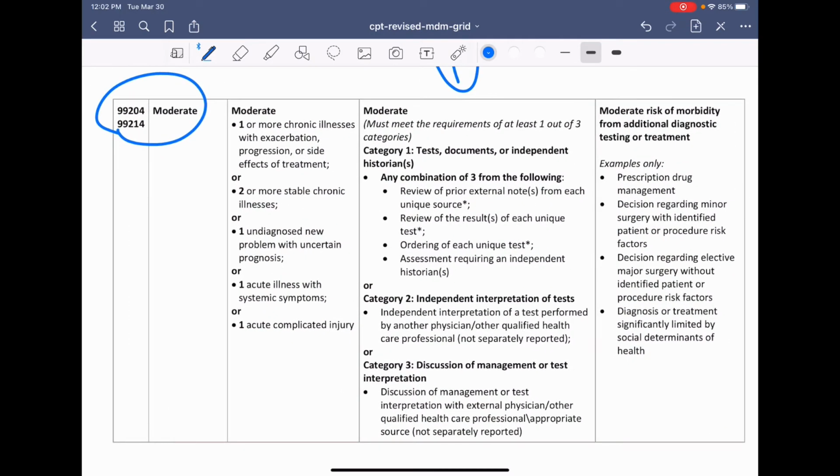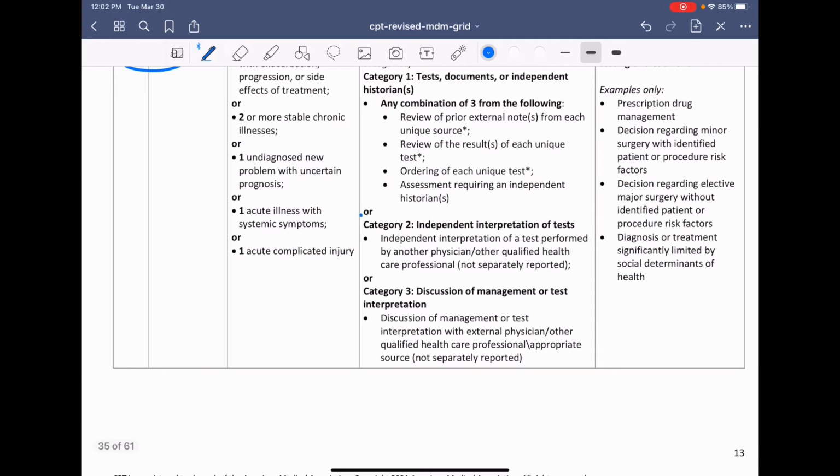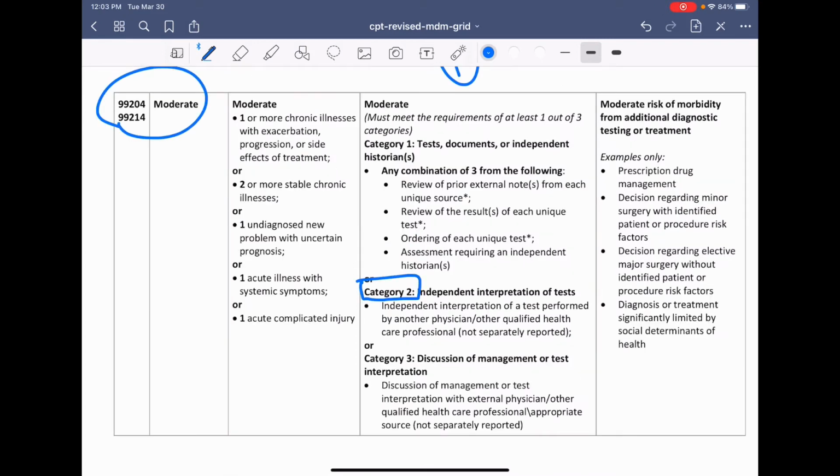If you go down here, you'll see this category 2, independent interpretation of tests. That's what they're talking about. If you read up here, it says for moderate, these must meet the requirements of at least one of the three categories, right? And so in the first category, this is your test or independent historians.